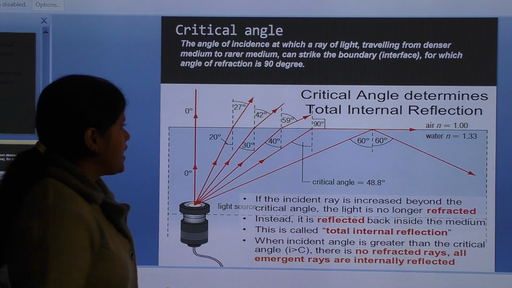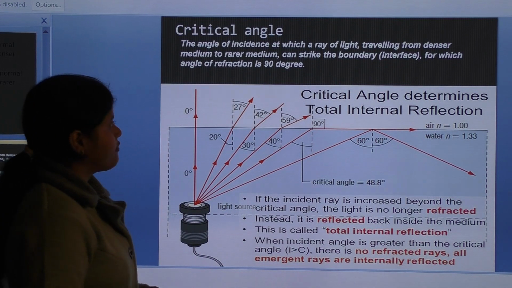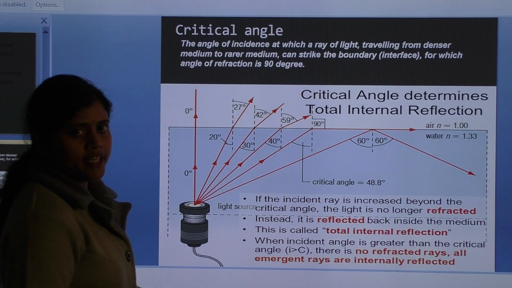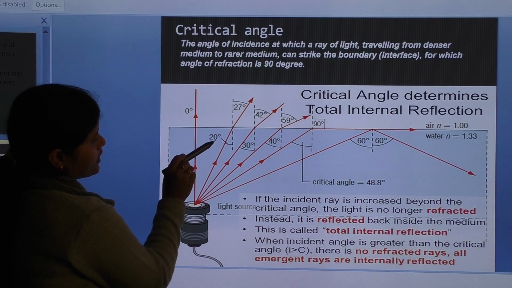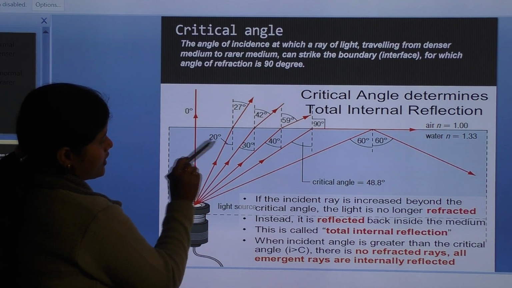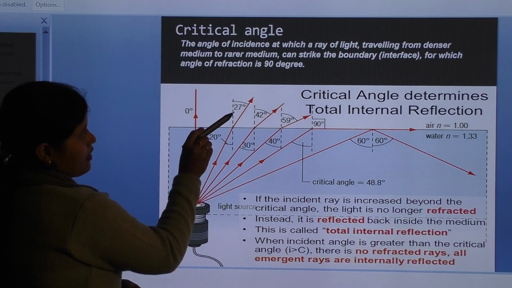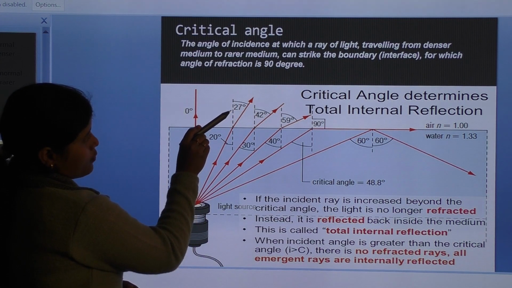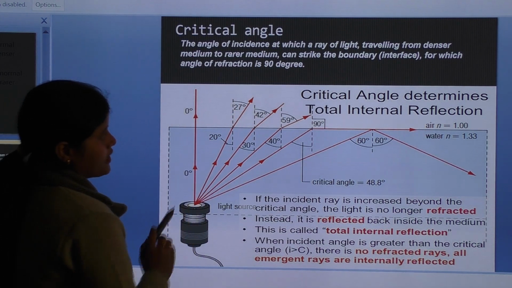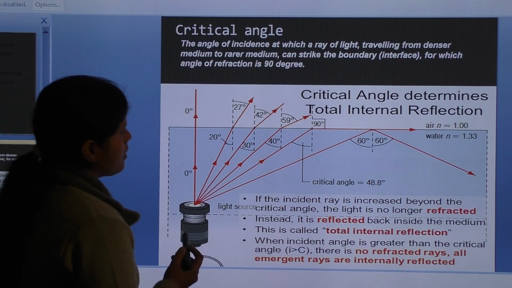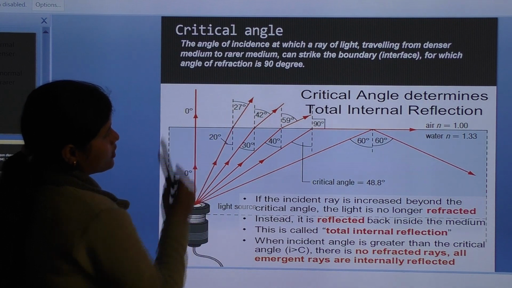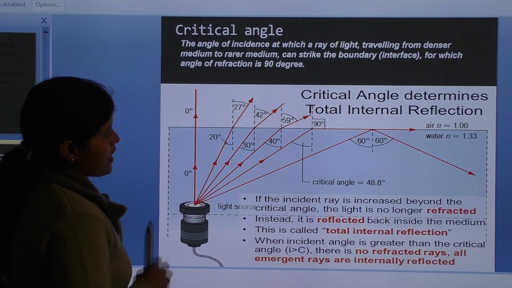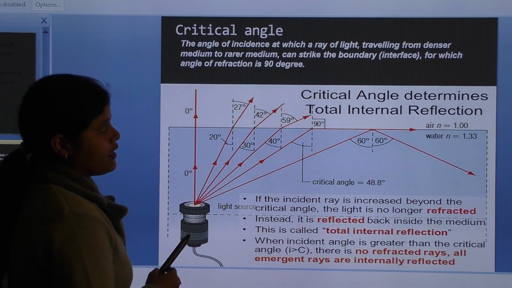Why? Because it is falling perpendicular to the interface, so it doesn't bend. In the next ray, you see the incident angle is 20 degrees, and the angle of refraction is found to be 27 degrees. So now you see it has bent slightly away from the normal as it is traveling from a denser to a rarer medium.